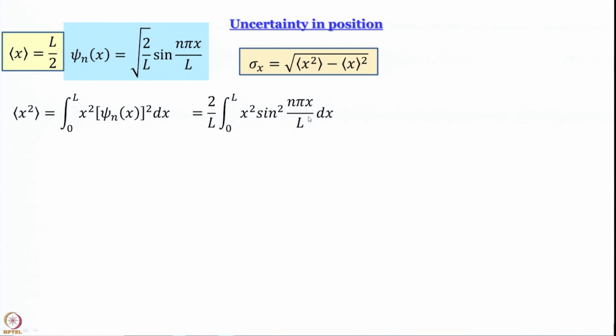Now, when we have an integration like this, then usually we like to simplify it by going from the square of a trigonometric term to something that does not have a square.